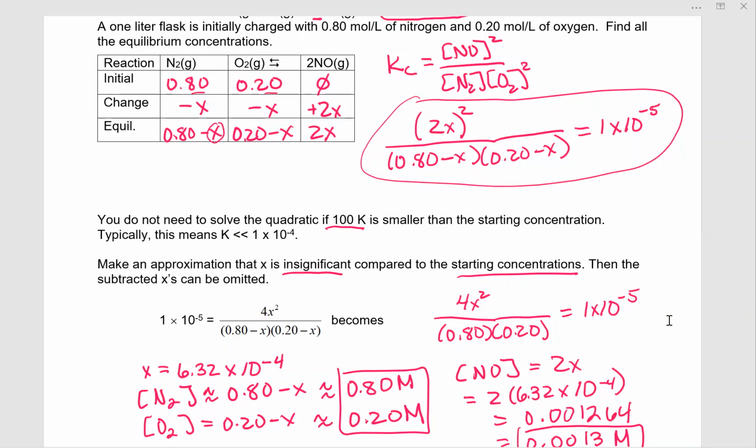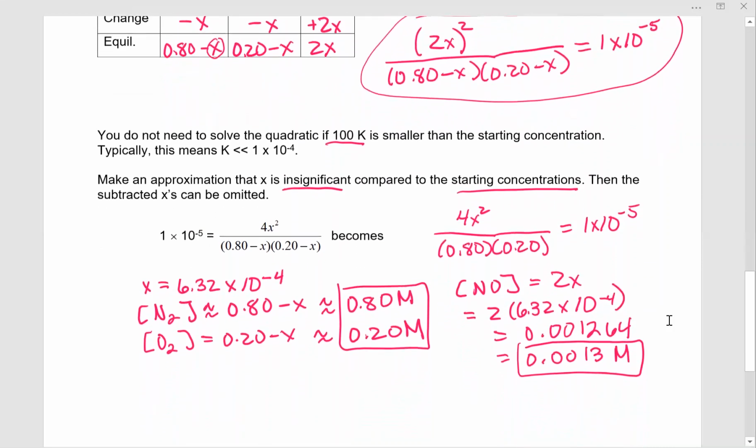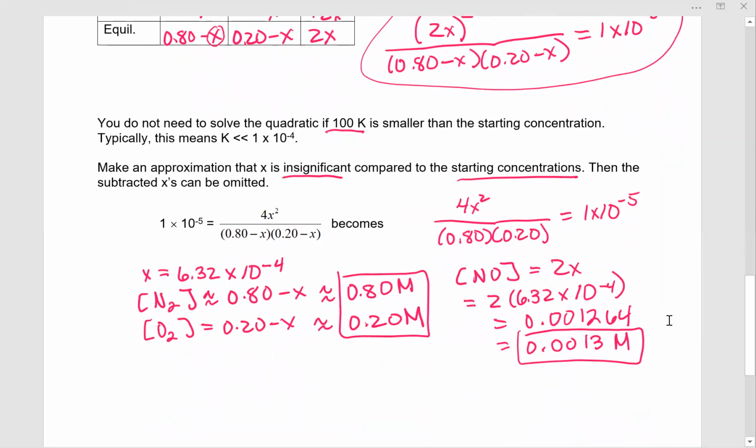But on the AP exam, they are going to choose it in such a way that you can make the assumption safely. So when we make the assumption that x is small compared to the starting concentrations, we see the drastic simplification where the x's become insignificant compared to the starting concentrations. And then it becomes an easily solvable problem.